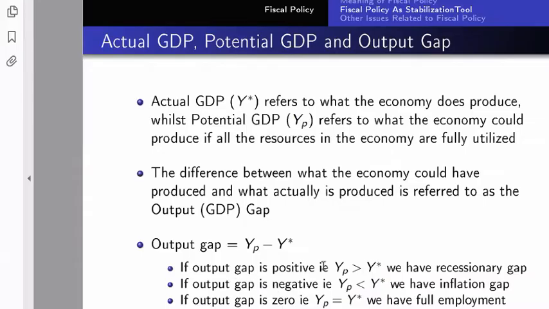So if the output gap is positive, it means that the potential is greater than the actual, and we have a recessionary gap. And when the potential is less than the actual, the output gap is negative, and we have an inflationary gap.